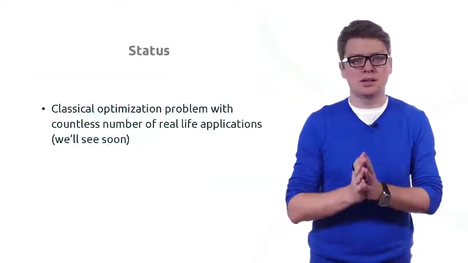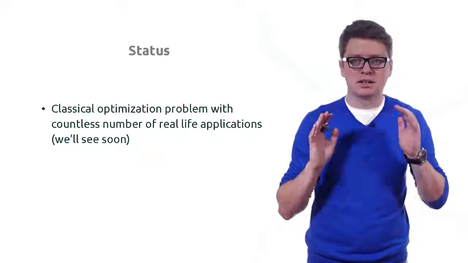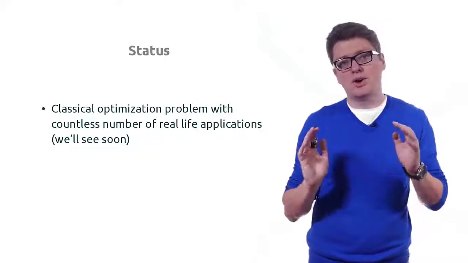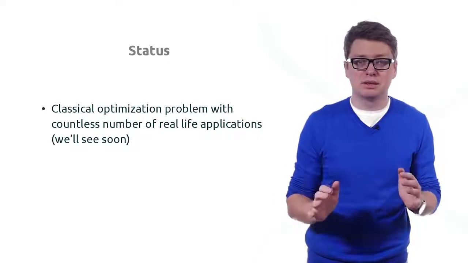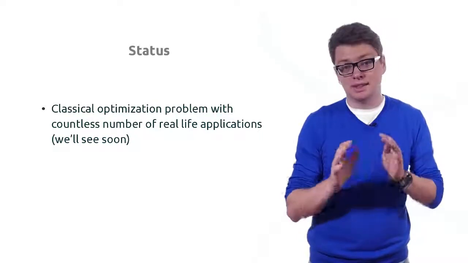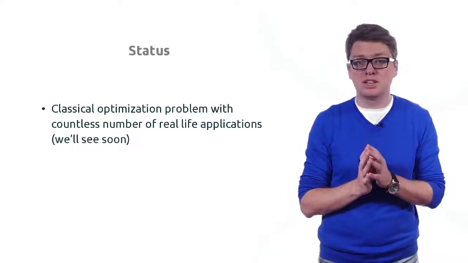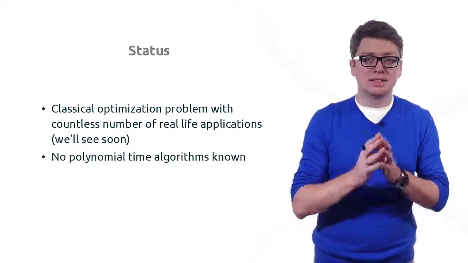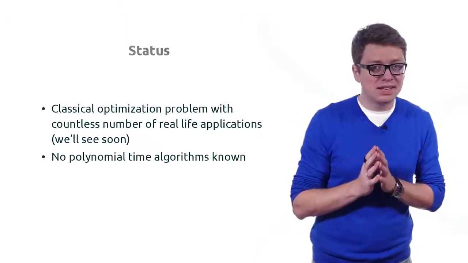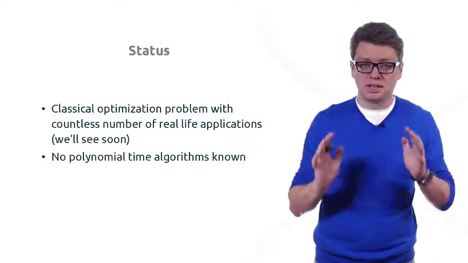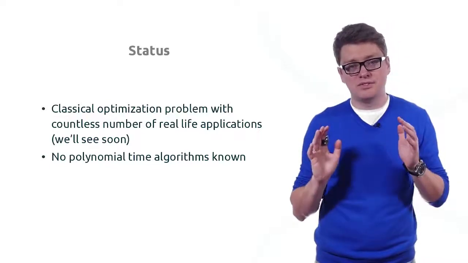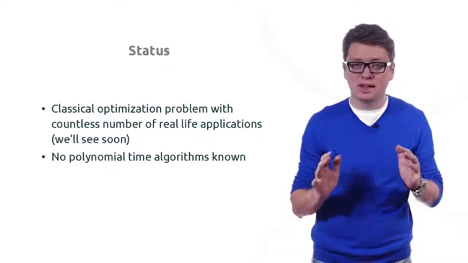Okay? There are just a countless number of applications of the traveling salesman problem in practice, and already in this video we will see several of them. The state of the art is that for this problem we still do not know a provably efficient algorithm.